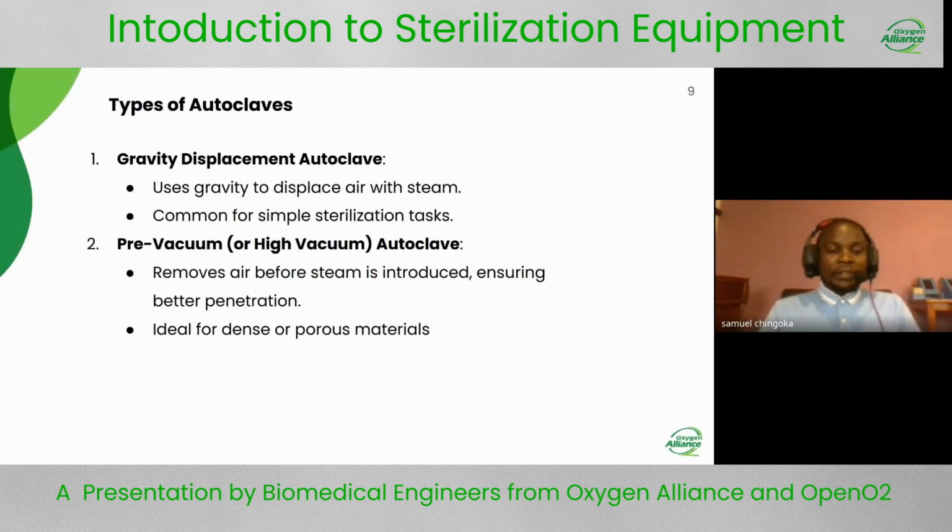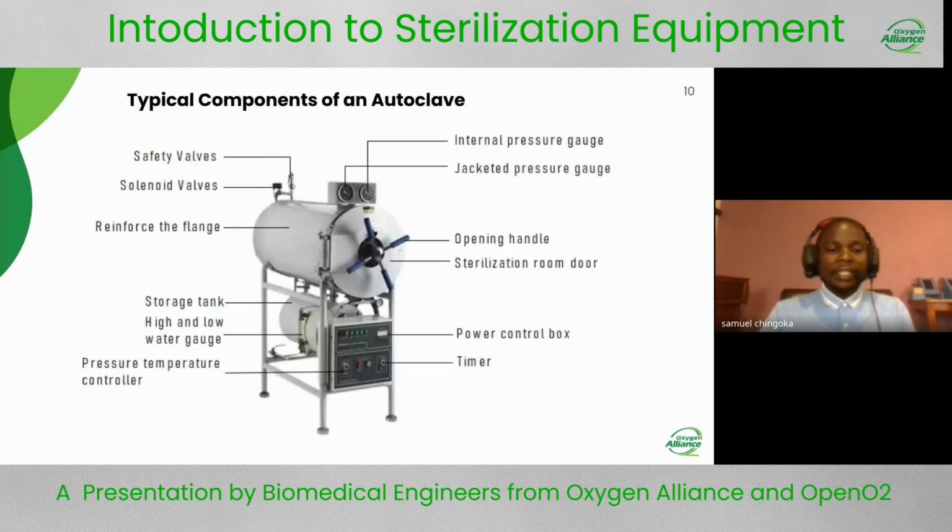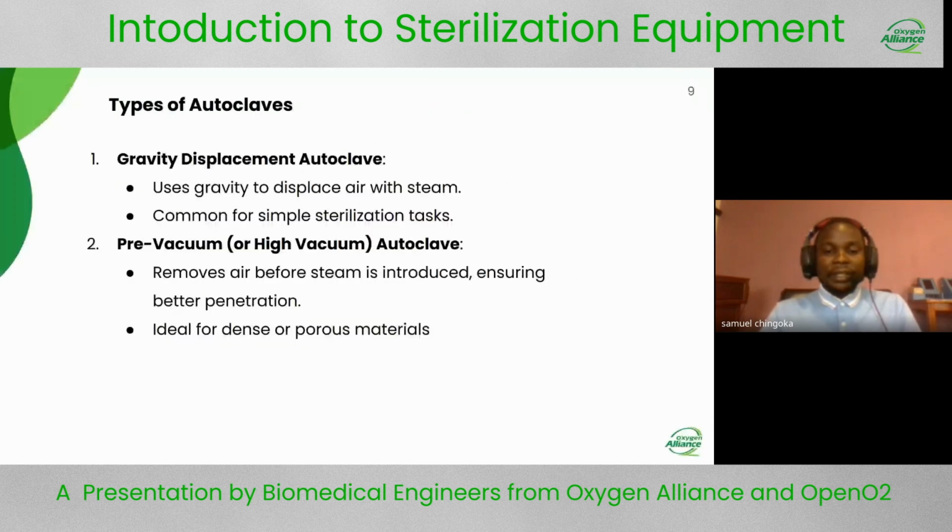While under the pre-vacuum or high vacuum autoclave, we remove air before steam is introduced. Basically, we have a vacuum where we take out our air before putting steam into our system. So it is ideal for porous load. Porous load is just load that is wrapped.